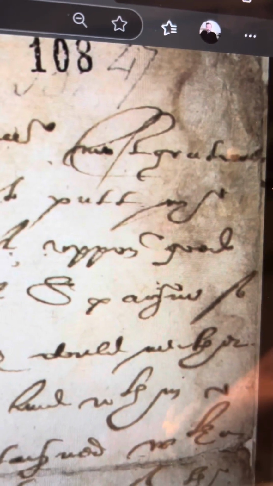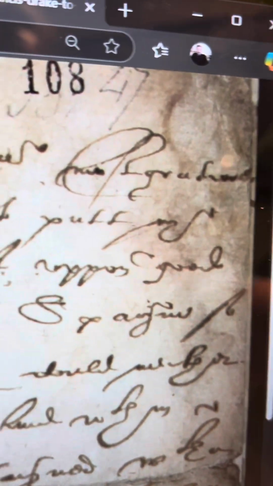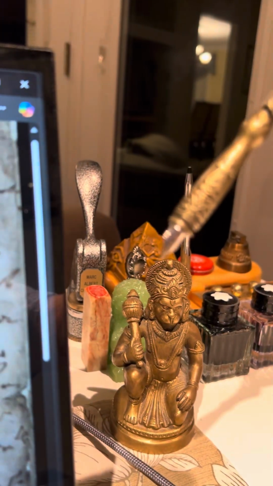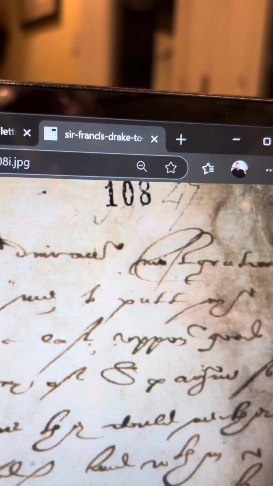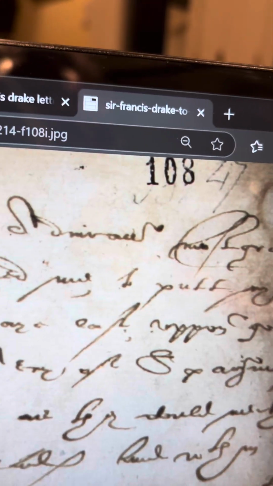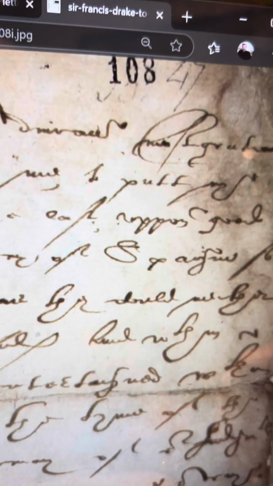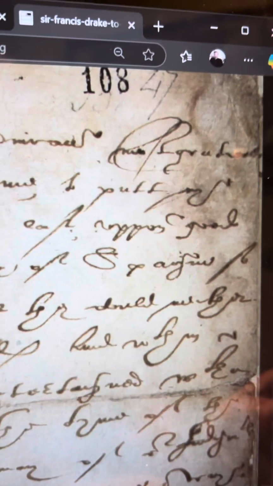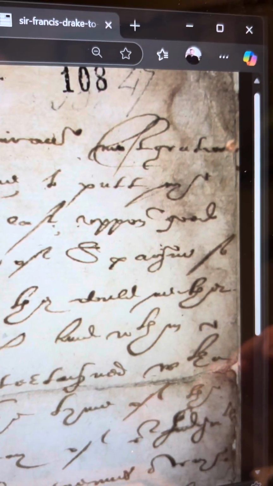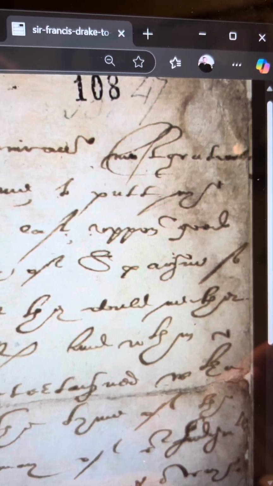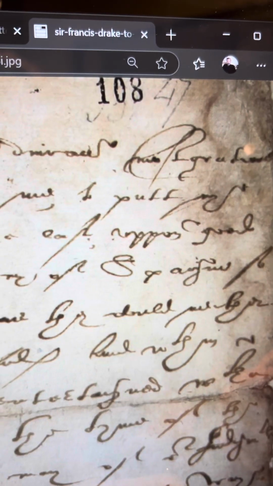But don't forget, he's writing with a quill pen, probably like this, with ink, and don't forget he's on a ship. They had just had a storm, so who knows, maybe it was pretty rough. So who knows how he was trying to write this. So we've got to give the guy a bit of a break.